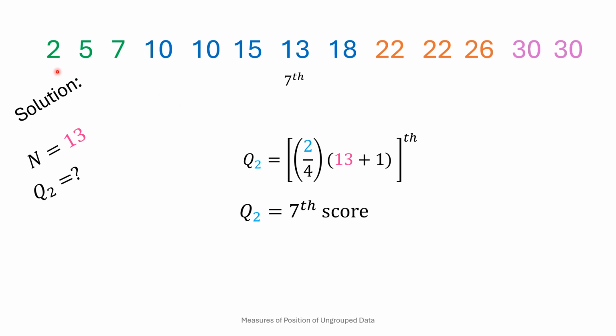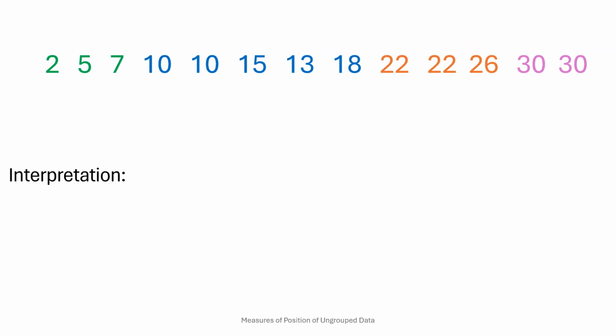Counting from the lowest value in the array, 1, 2, 3, 4, 5, 6, 7. The 7th value is 13. Therefore, 13 is the median or the second quartile. Now, how do we interpret the result?